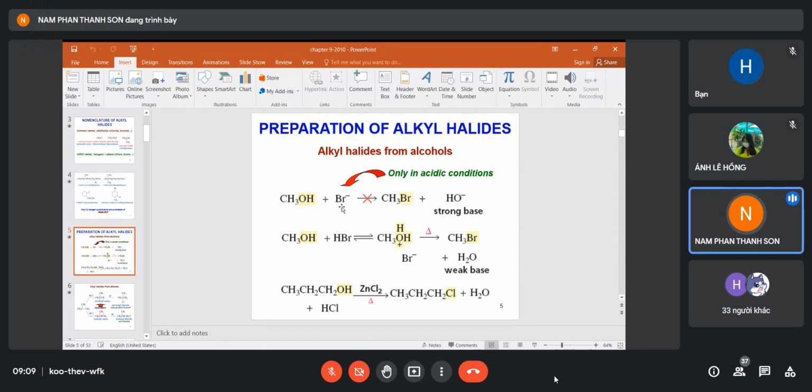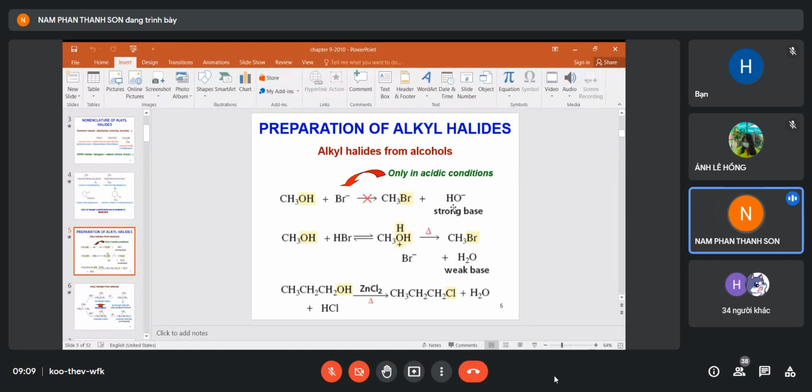But we cannot use a salt like sodium bromide or potassium bromide, because the hydroxide anion, I mean the leaving group, OH negative, is much more basic than bromide.